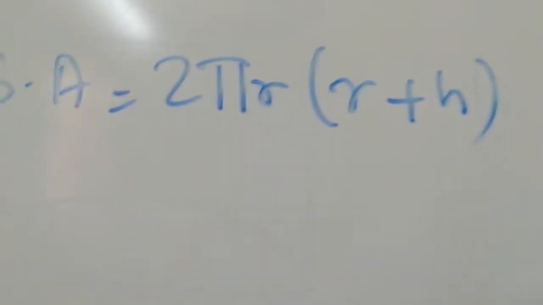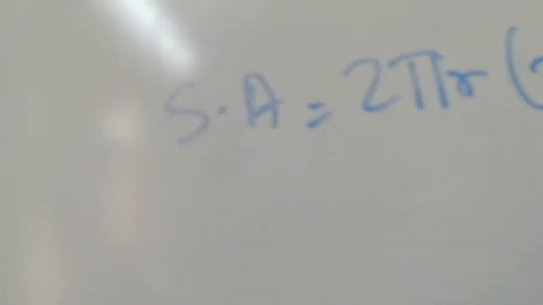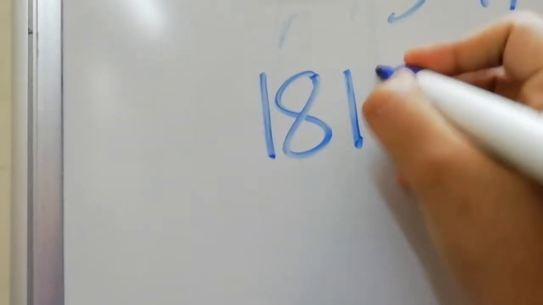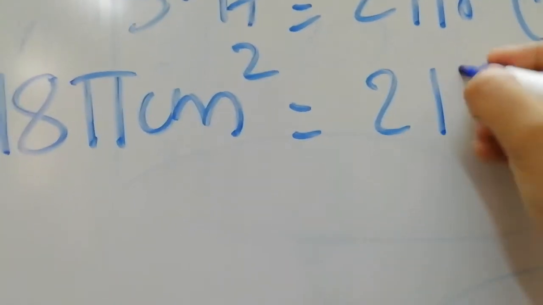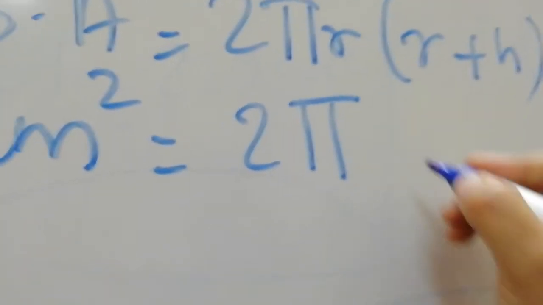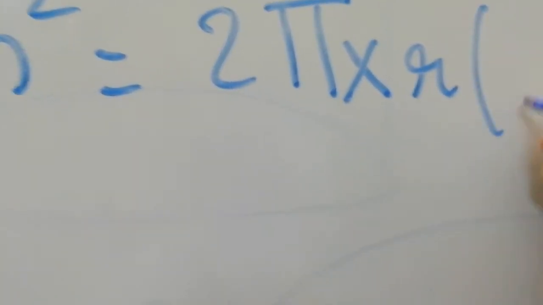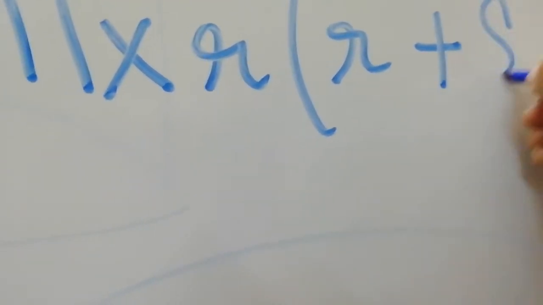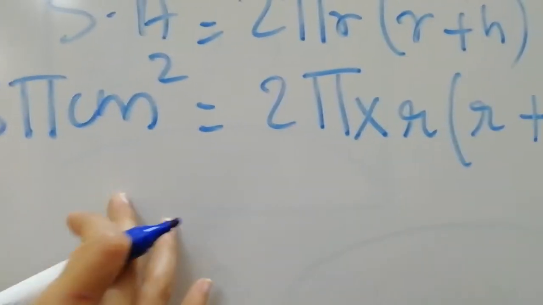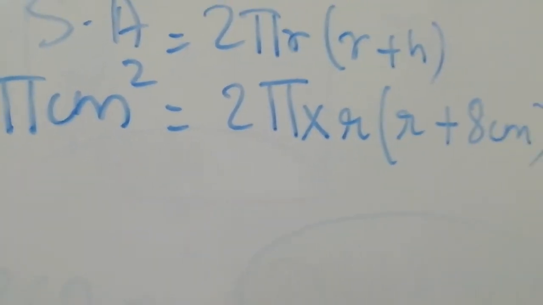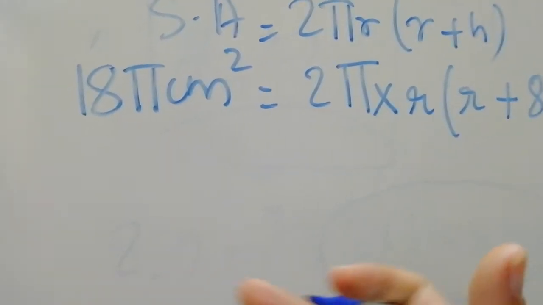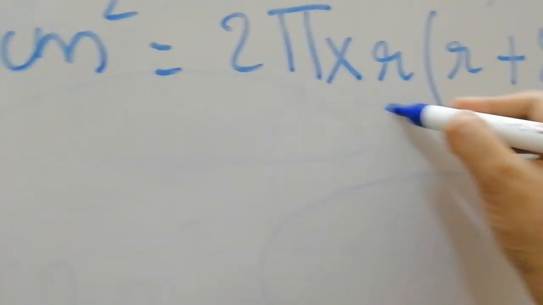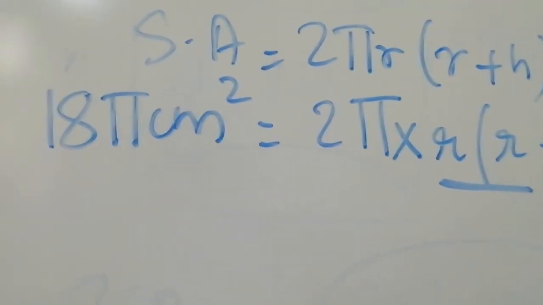Surface area is 18 pi, so I will write 18 pi centimeters square. 2 pi, you can write just like that, into r which we have to find, and h is 8 centimeters. I will take the whole of these to the left side, but I will keep r here only, because r is my subject.